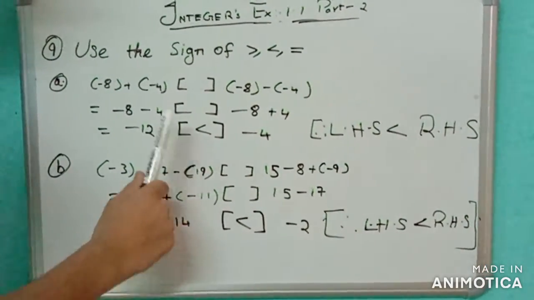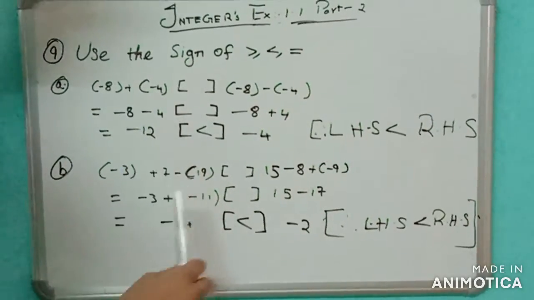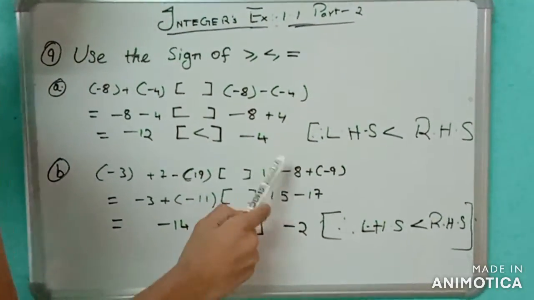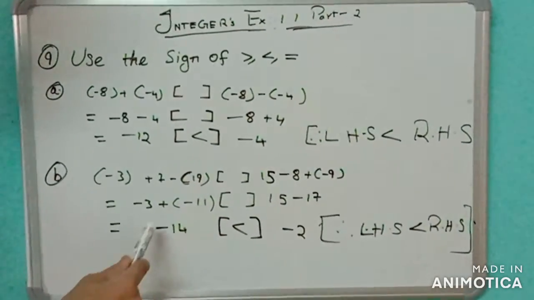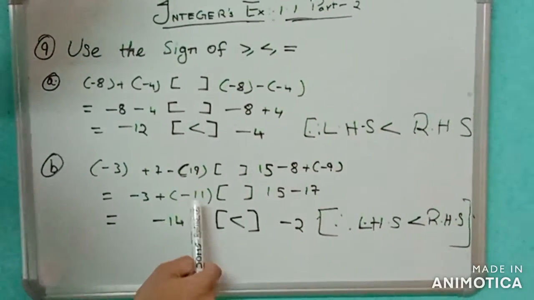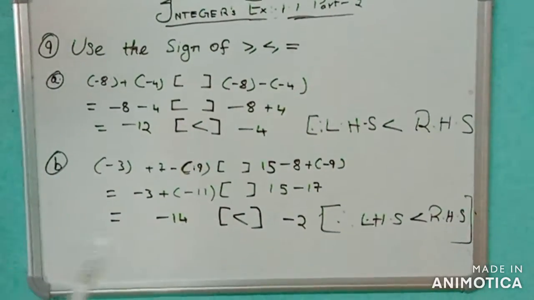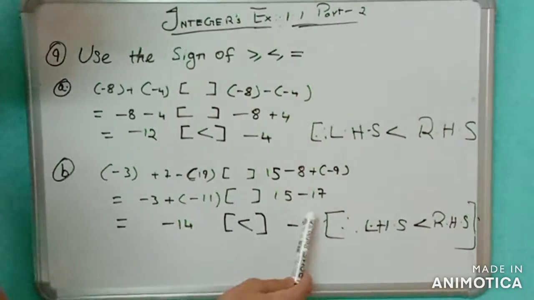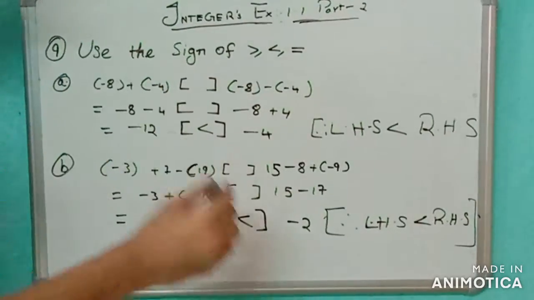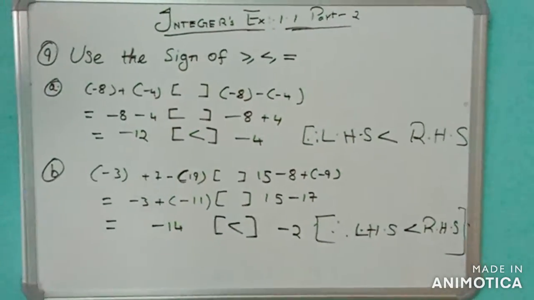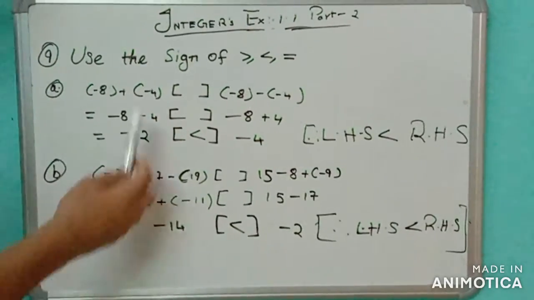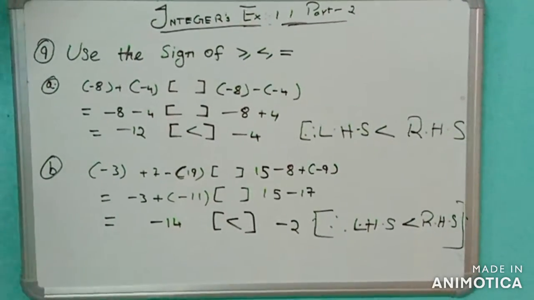Minus 3 plus 7 minus of 19 is greater than, less than, or equal to 15 minus 8 plus minus 8. So we simplify: minus 14 and minus 2. So here also, the lower number with the negative value has the highest value. So minus 2 is greater than minus 14. So every sum we should do with this procedure. So we have completed the 9th question.